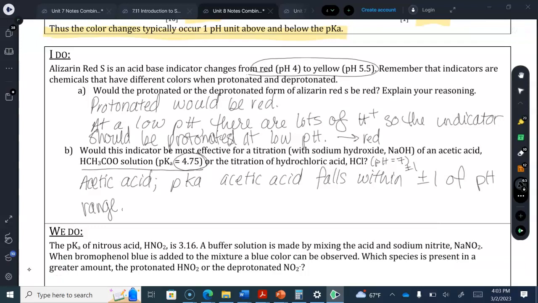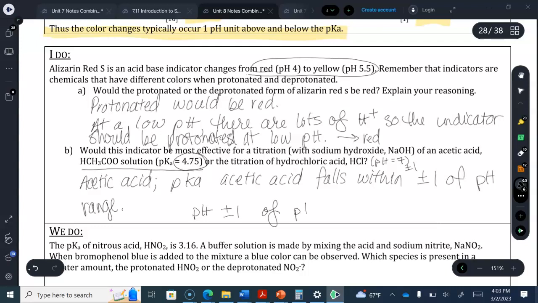That, I think, is a better explanation, but I don't want to erase it and redo it. So the pH range is within plus or minus 1, so pH is within plus or minus 1 of the pKa. There we go. We restated it.